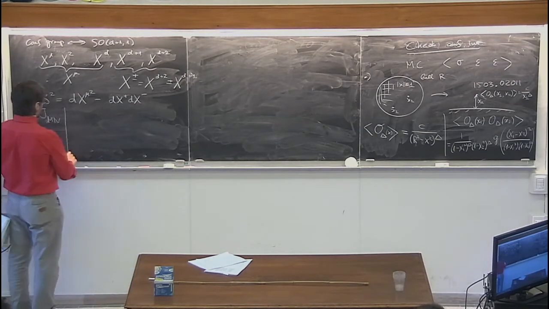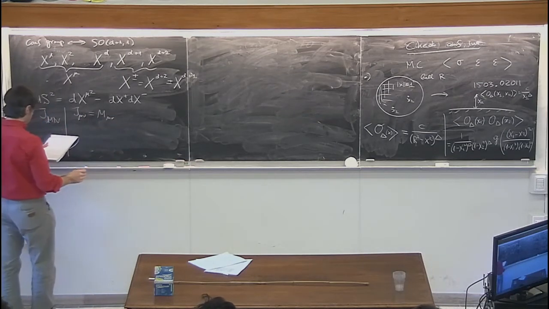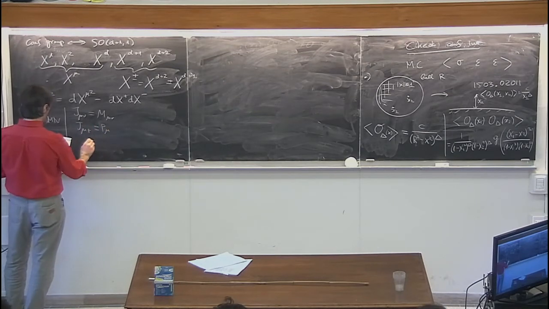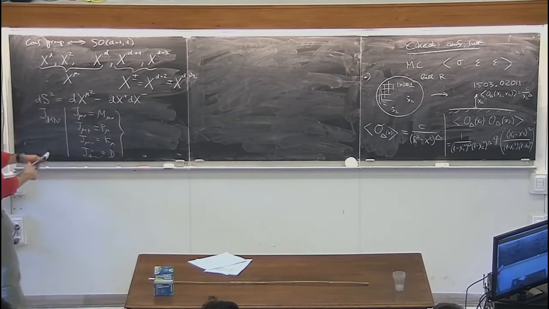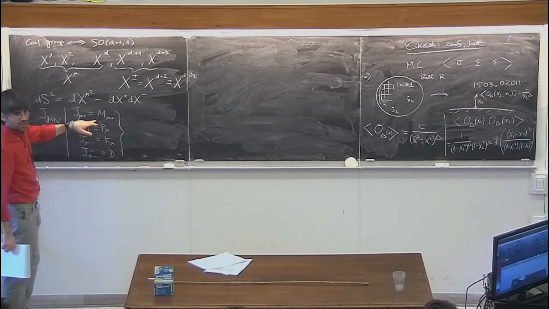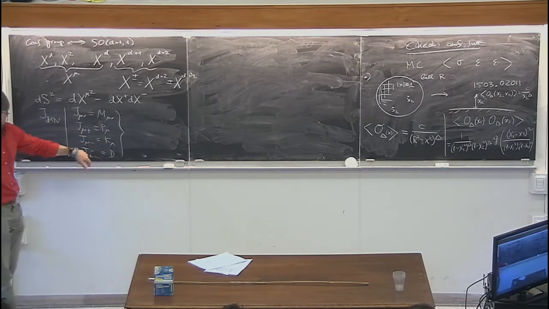And there's going to be the following identification: J_mu nu is the same as M_mu nu, J_mu+ is P_mu, J_mu- is K_mu, and J_+- is equal to D. Actually, we won't even need these expressions, as you will see. The only reason I write it is to show that there is enough space in this d+2-dimensional group to fit all the generators of the conformal group. There's just enough space to do this.